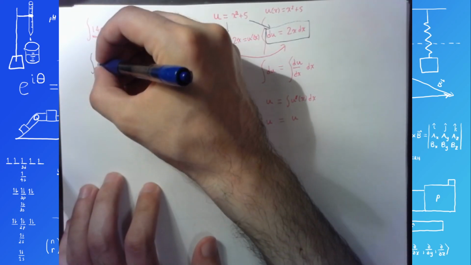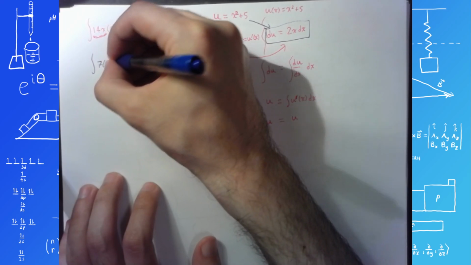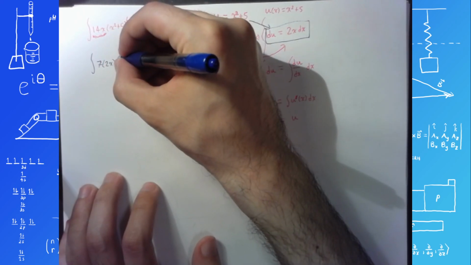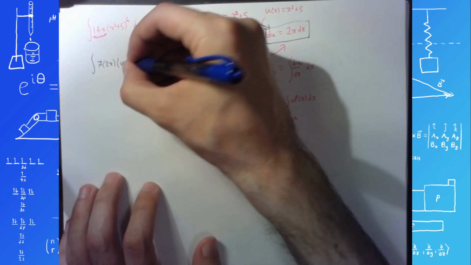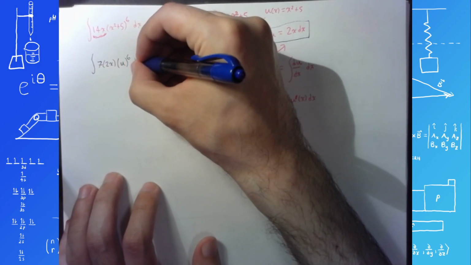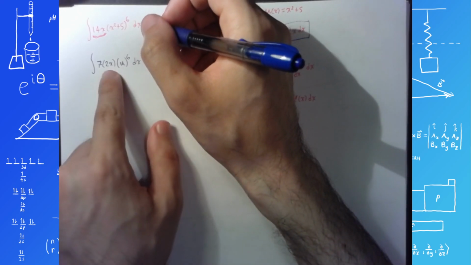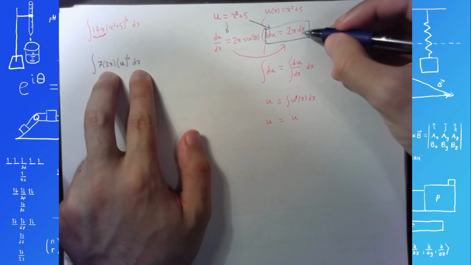My 14x can be rewritten as 7 times 2x. And then x squared plus 5 to the 6, well, x squared plus 5 is u, so I can go ahead and rewrite this as u to the 6. And then I've got my dx. Well, I can take out my 2x dx over here.